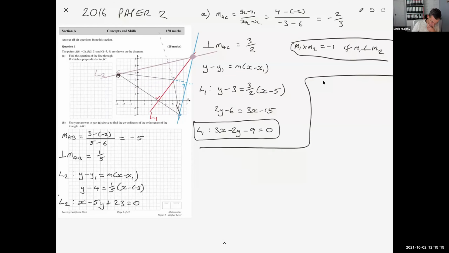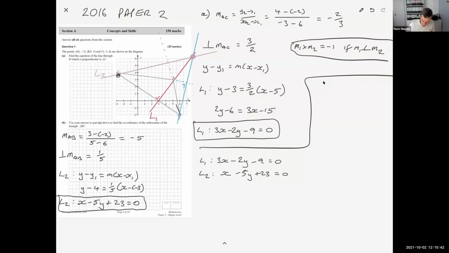So we have L1, we have L2. Guess what? Simultaneous equations. Let's write them out. So L1 is 3x minus 2y minus 9 equals 0. And L2 is x minus 5y plus 23 equals 0.